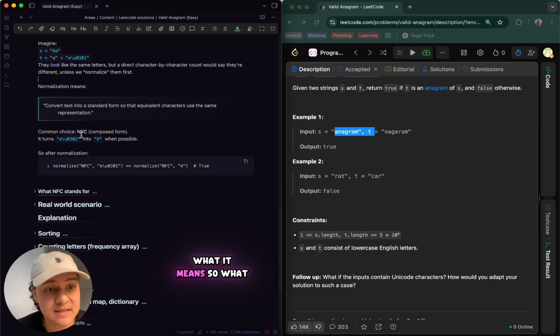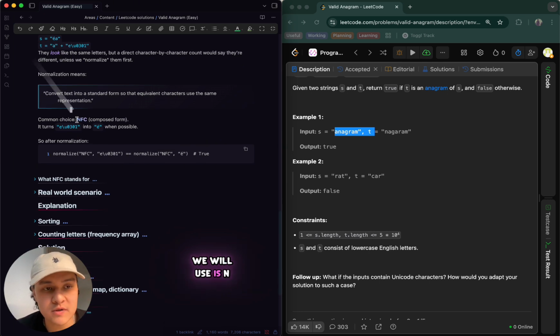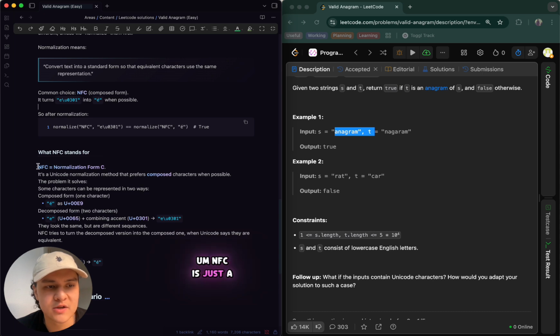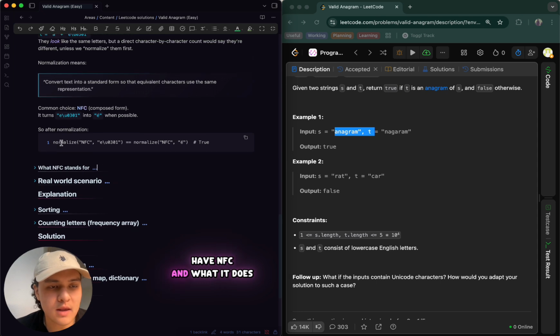Normalization means converting text into a standard form so that equivalent characters use the same representation. What we will use is NFC. You can think about what NFC is, but don't bother yourself with it. NFC is just a normalization form, and I won't pay much attention to the details. Just make sure that we use NFC.